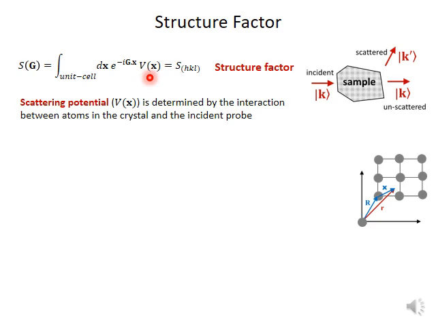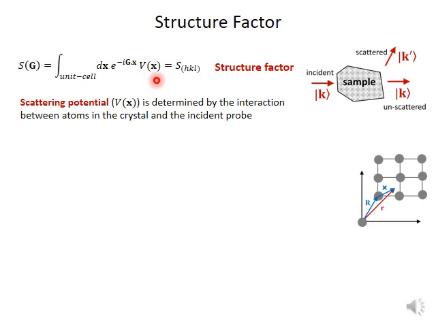You can also think about this structure factor as the Fourier transform of the scattering potential with respect to the reciprocal lattice vectors. So that's another way of looking at this problem. But anyway, to get the structure factor, you have to perform such an integral over the scattering potential.